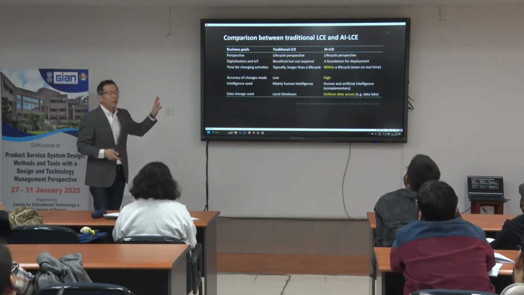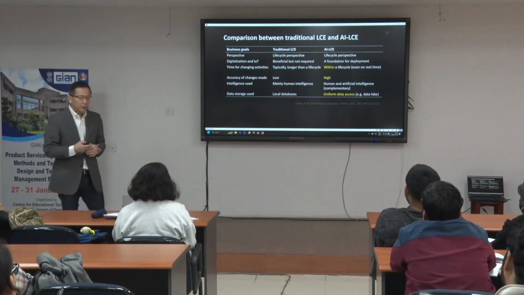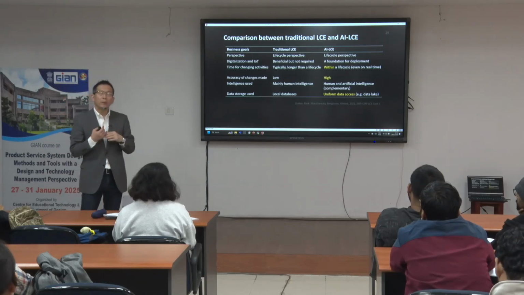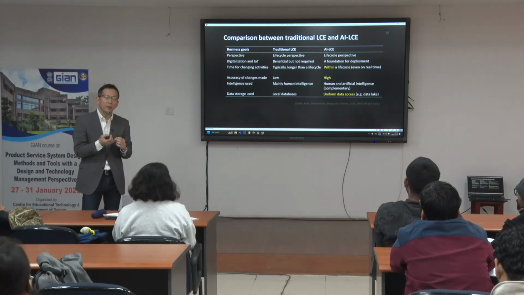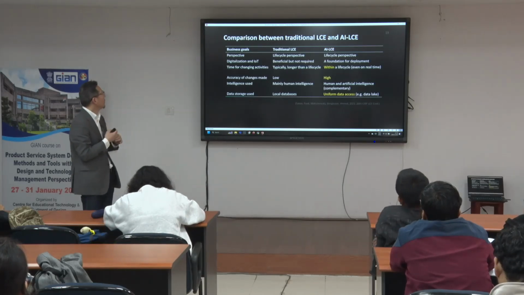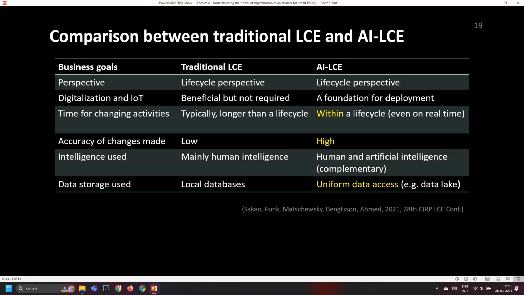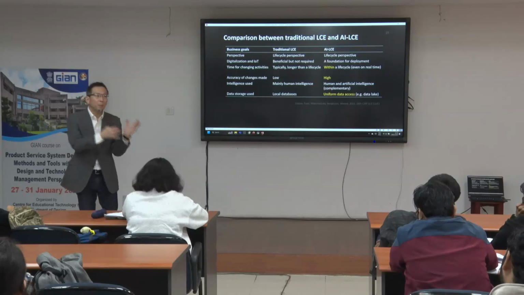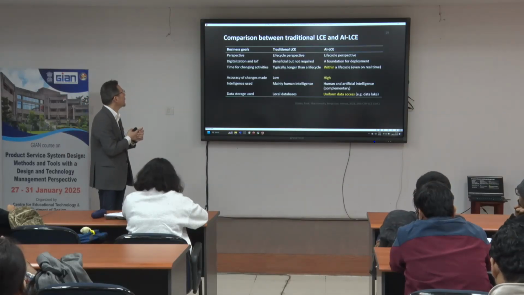And if comparing the new way of doing lifecycle engineering with the traditional one, as I said before, the time for implementing a certain change is much faster, or to be precise, it will be much faster if a company implements this vision in reality.